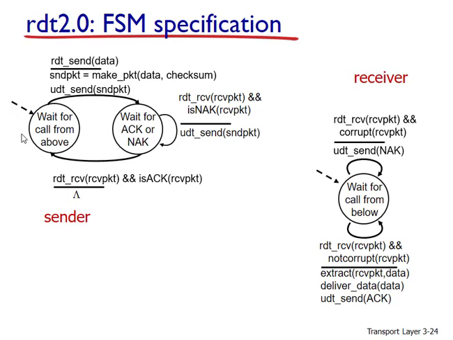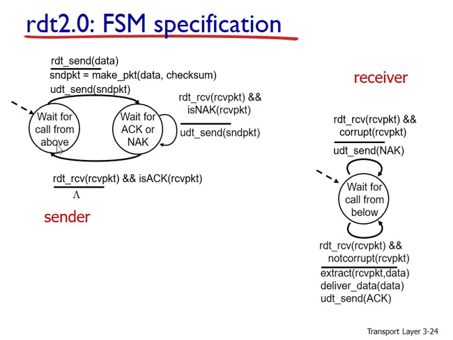Remember, RDT 1.0 only had one state on the sending side and one state on the receiving side, but RDT 2.0 has two states on the sending side. The first state is waiting for a call from above, and the second state is waiting for an acknowledgment or a negative acknowledgment.